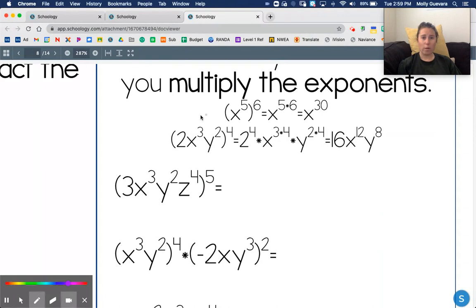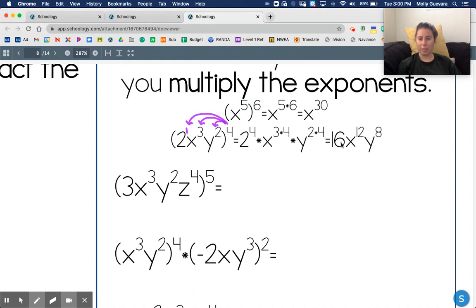Okay? When you have a number, remember, what is the exponent on this number? It's a 1, right? So don't forget that, because then this 4 has to multiply to all of the exponents, even the ones that aren't written. So I get 2 to the 1 times 4, which is 4, and then x to the 3 times 4, and then y to the 2 times 4.